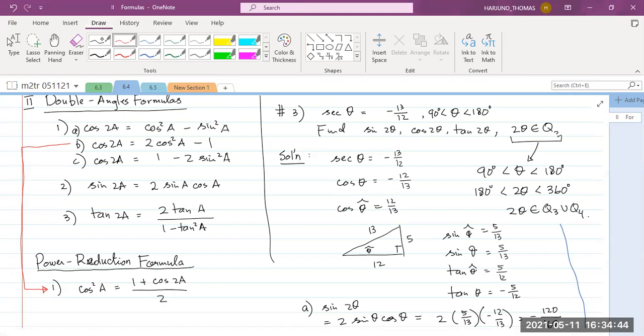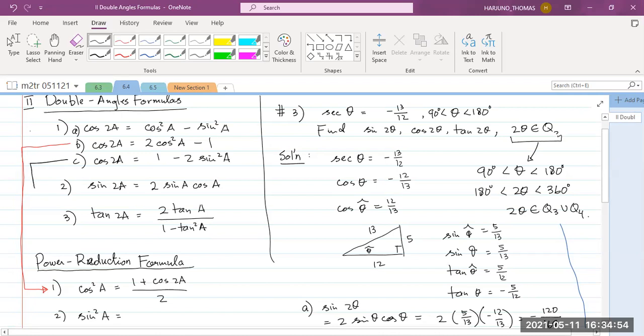Now, the second power reduction formula is for sine squared A. Remember I said earlier you need to memorize those variations also? It is because of this reason, because the power reduction formula actually comes from there. This is 1 minus cosine 2A over 2.